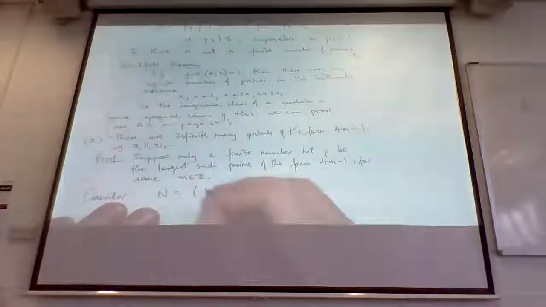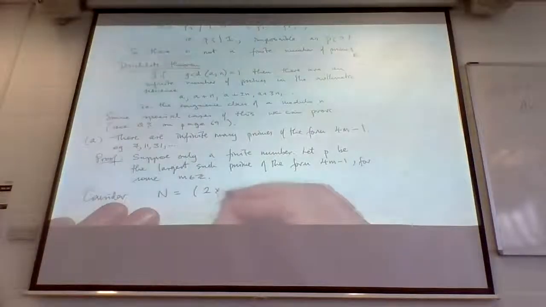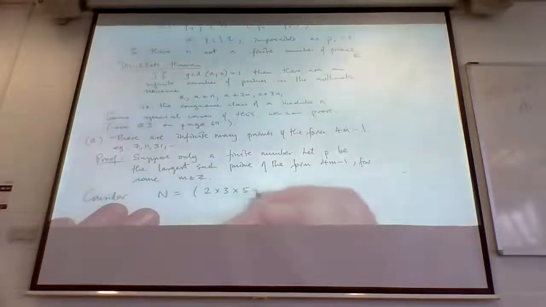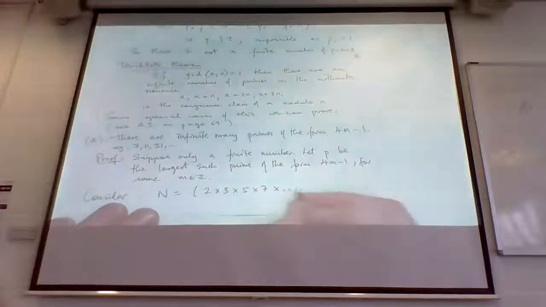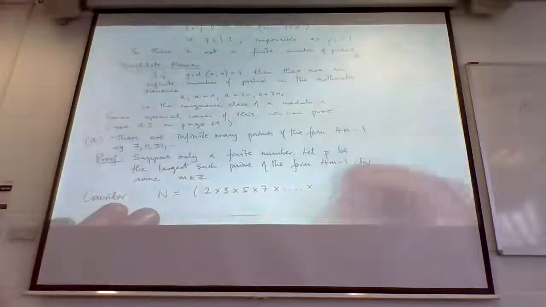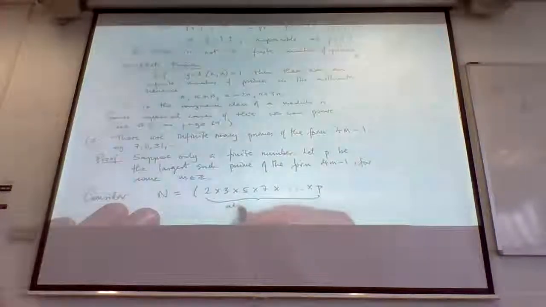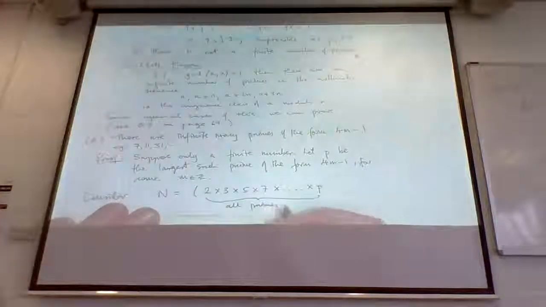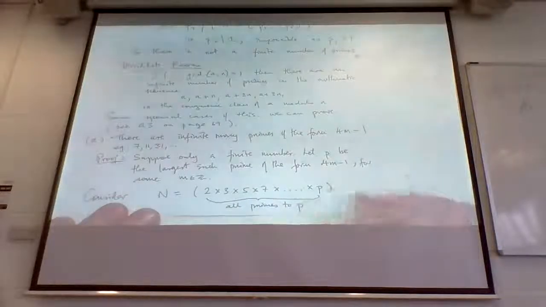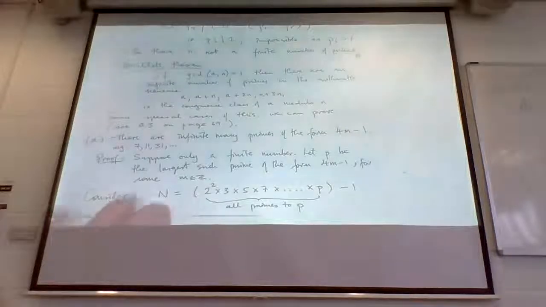We take all the primes up to p, not just the ones of the form 4m minus 1 but all of the primes, and then we multiply them, square the 2, and subtract 1.